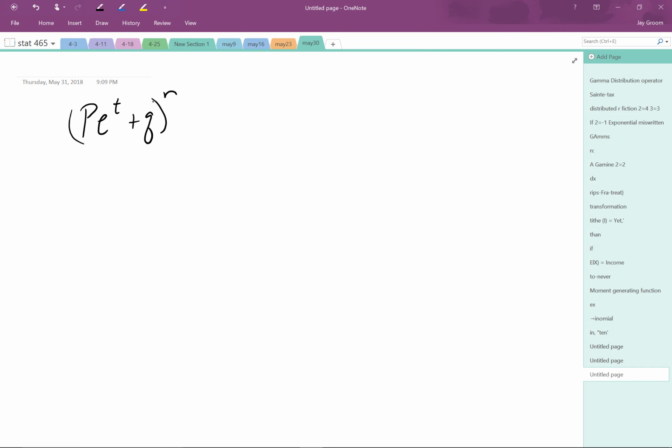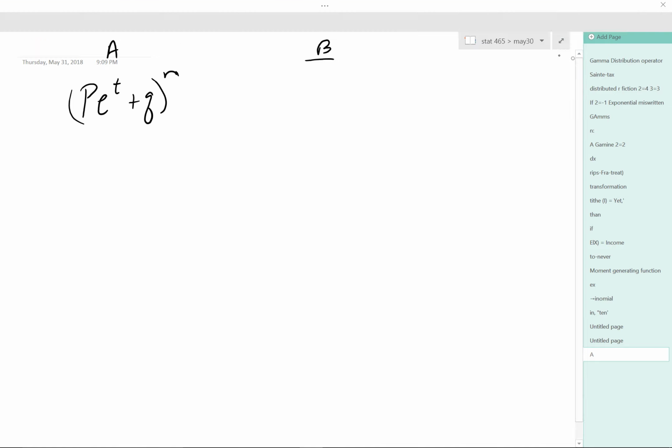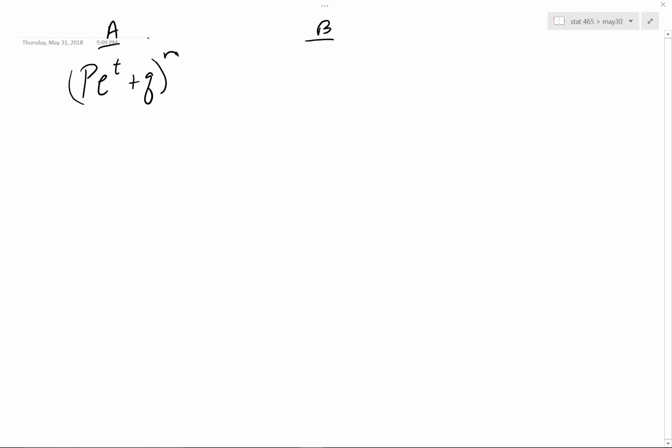So if this were the moment generating function for one of my variables, like say for column A, and I had another one in column B, and so it's a different one, let's say P1 and Q1, P2 and Q2 to the N. And if column C were A plus B or something of this nature, what would the expected value of these be?